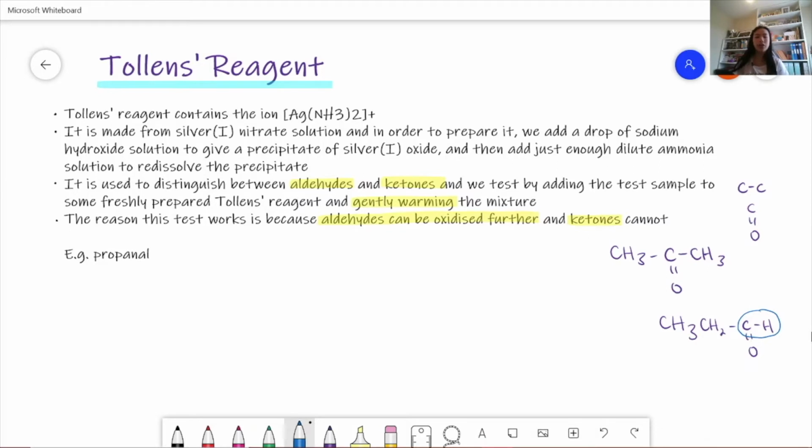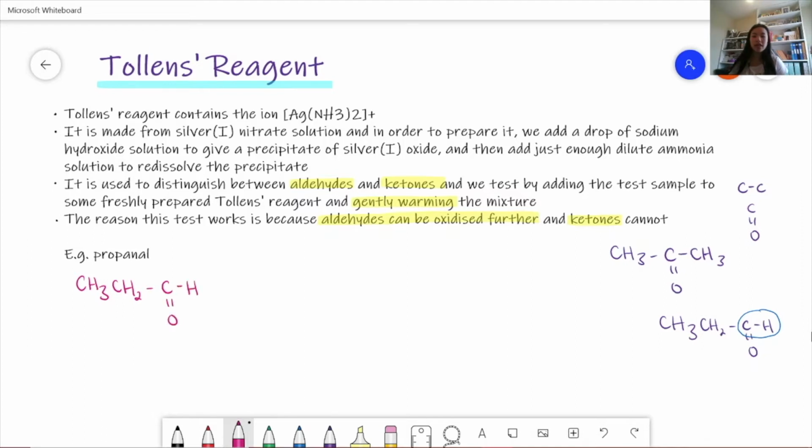And so this is why the test works. It's also because Tollens reagent is actually an oxidizing agent, a mild oxidizing agent. So it oxidizes the aldehyde and it won't oxidize the ketone. For propanal, we have CH3, CH2, and then C double bond OH.